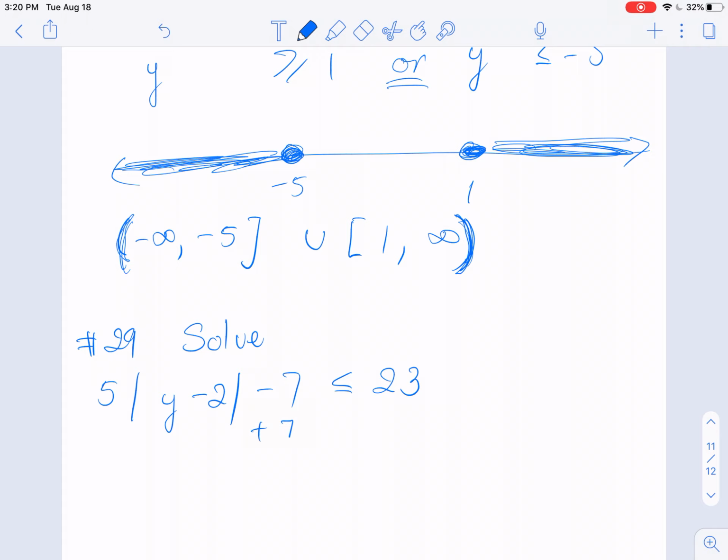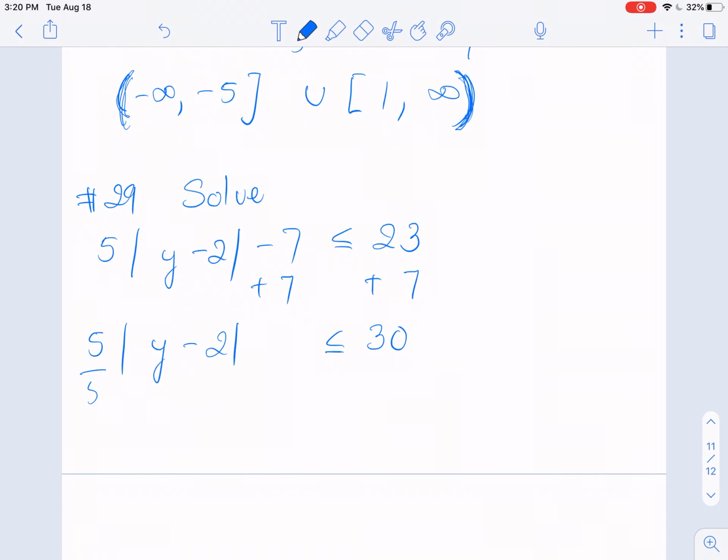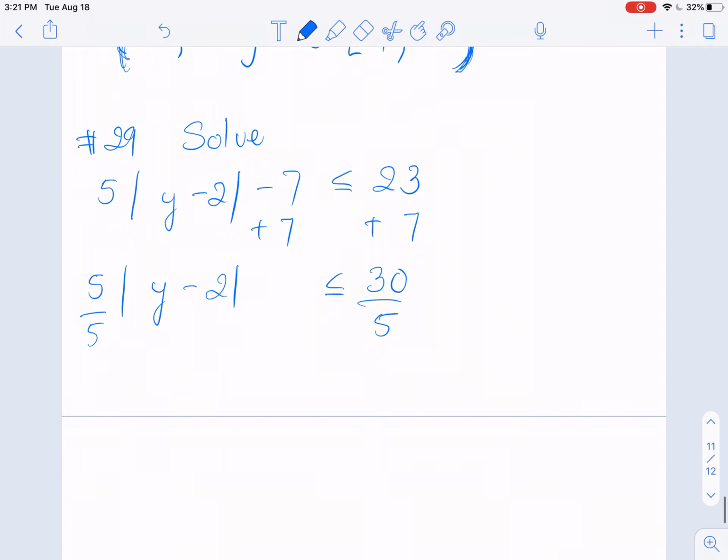So we have to add 7 just like an absolute value equation. So you have to isolate the absolute values first. So I have 30 here, and then make sure you divide by 5. So we ended up with y minus 2 less than or equal to 6.